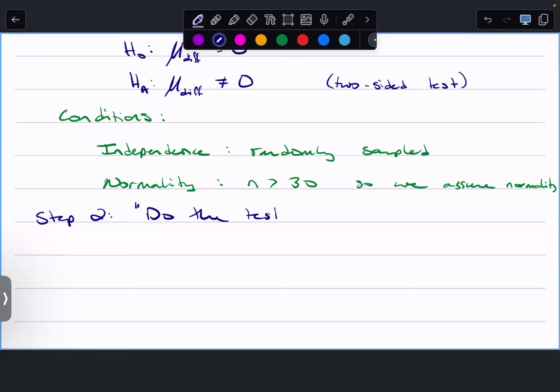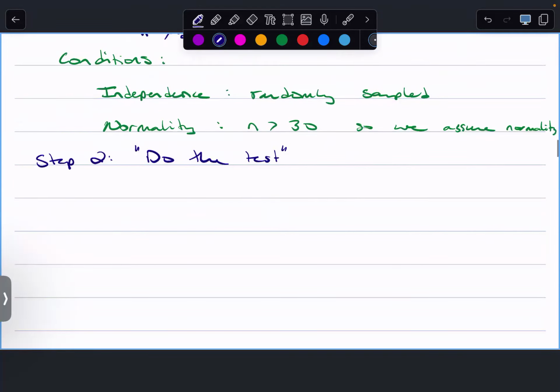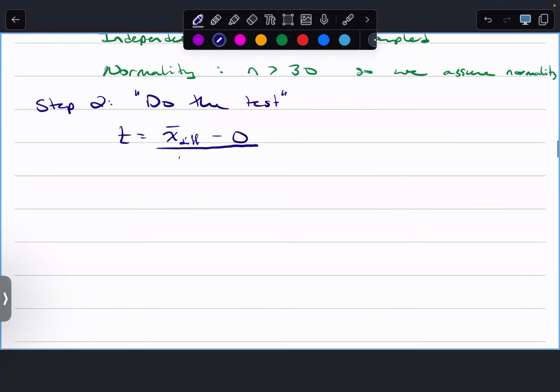Do the test is really calculate the test statistic, which is T is equal to X bar diff minus, technically mu diff, but minus 0, because we assume the null hypothesis is true, which says mu diff is equal to 0 until I have proof otherwise, divided by S diff over root N diff.